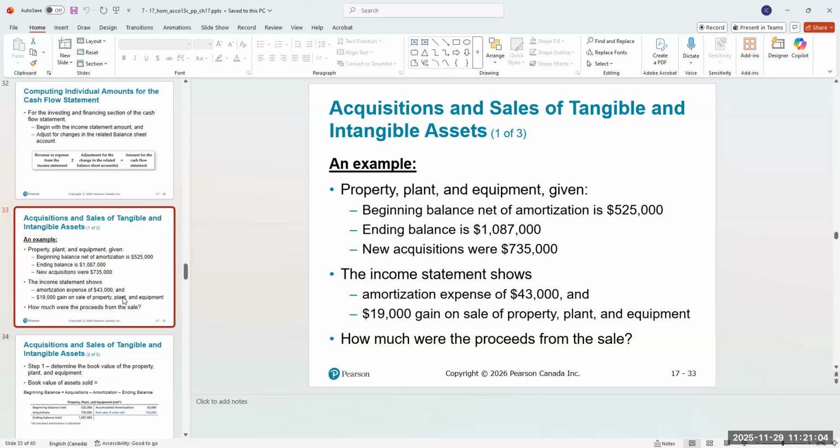Now, the income statement shows that the amortization expense for the period is $43,000. And we also see on the income statement that we have a $19,000 gain on the sale of property, plant, and equipment. Now, the question is, what happened in this account and how are we going to deal with it?